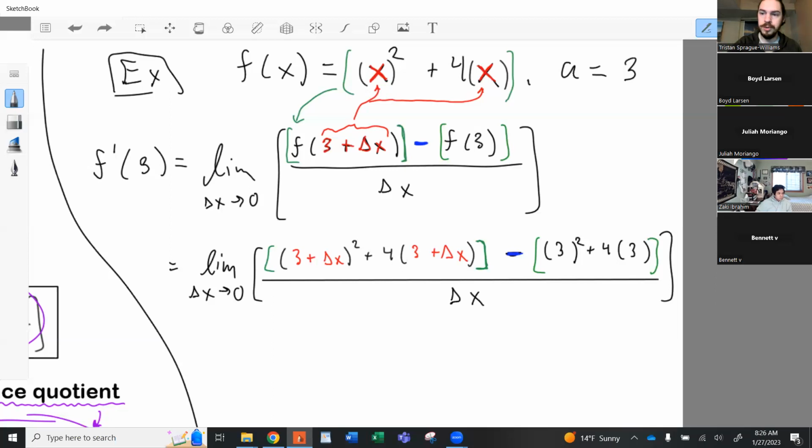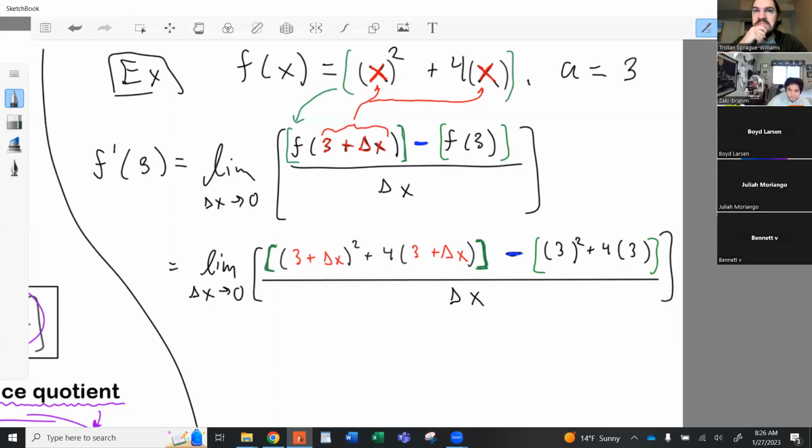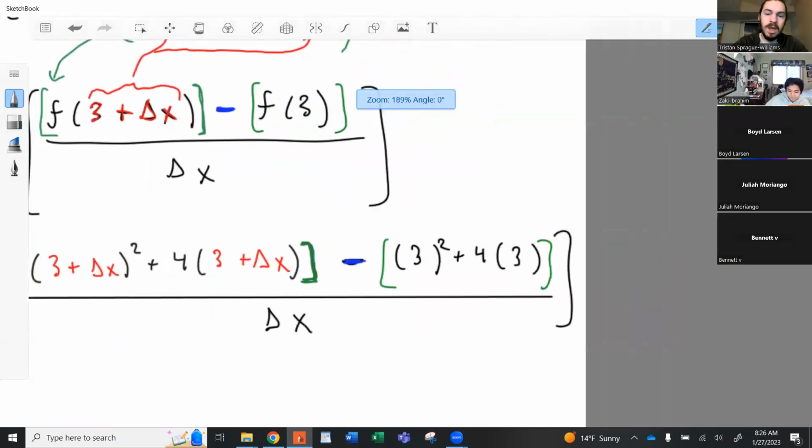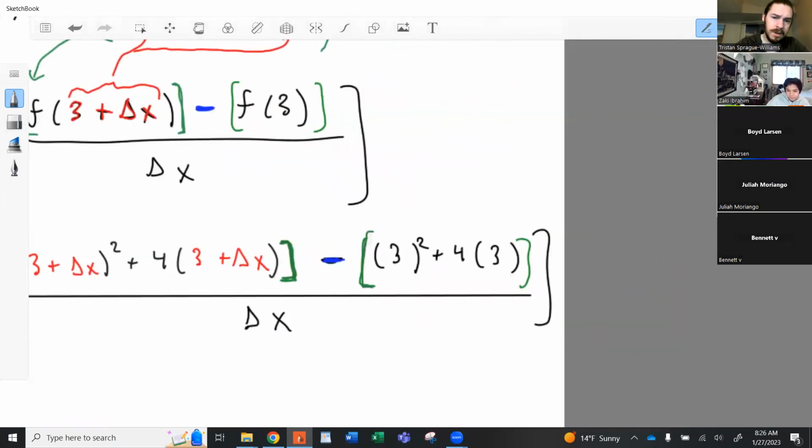Here's a question for you. Are these parentheses, these green brackets that I'm using like parentheses here, necessary? No, not really. I agree. What about these ones? Are these necessary? I think those ones are necessary. Why are they necessary, Julia?